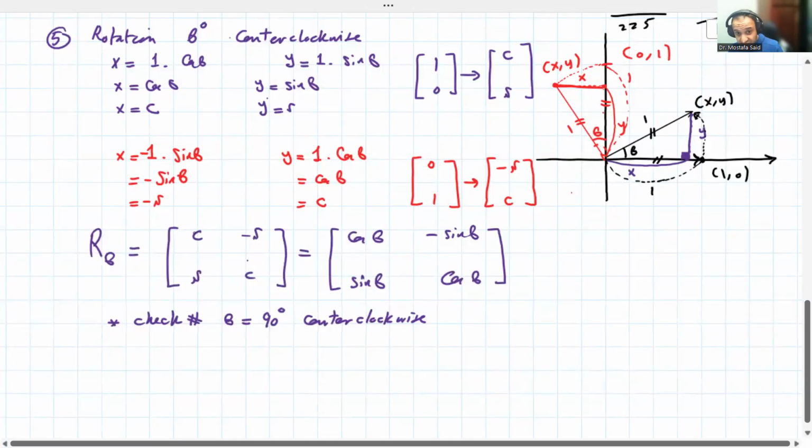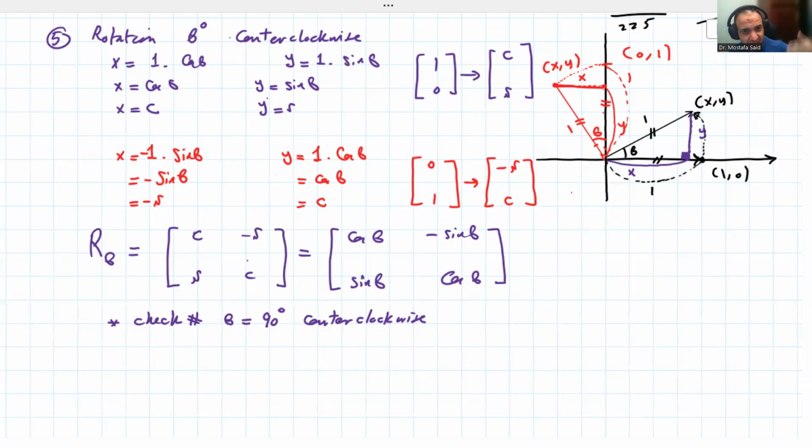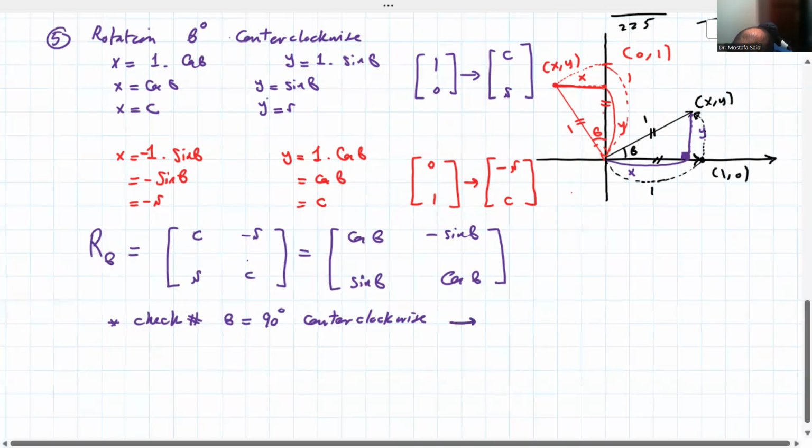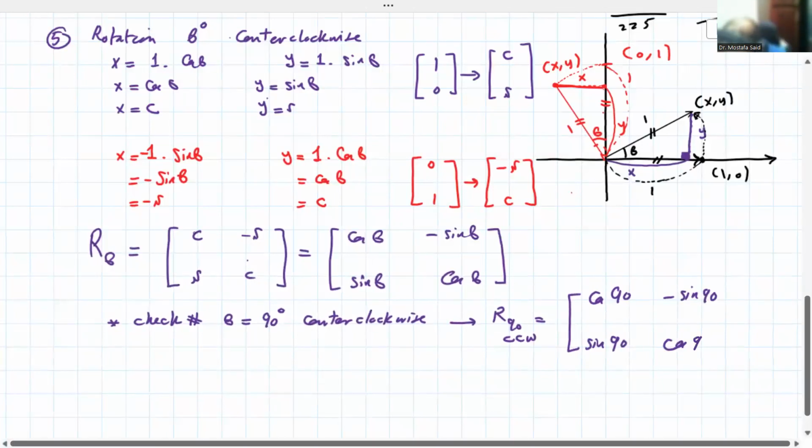I'm going to do it here and check versus what we got before. In that case, R 90 counterclockwise is equal to cosine 90, minus sine 90, sine 90, cosine 90, equal to, this is easy, cosine 90 is 0. Good.